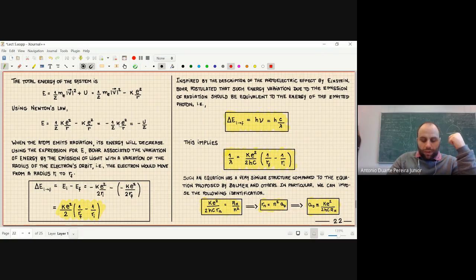Yeah, because if I'm defining the potential energy with the minus sign, then yeah, you are correct. So this should be a plus. Okay, thank you. Yeah, you are correct. Okay, so thanks.